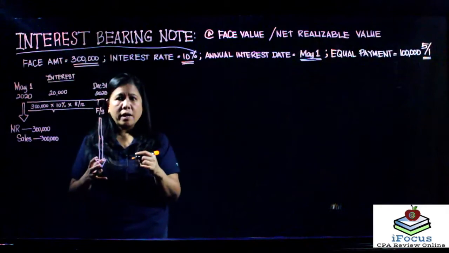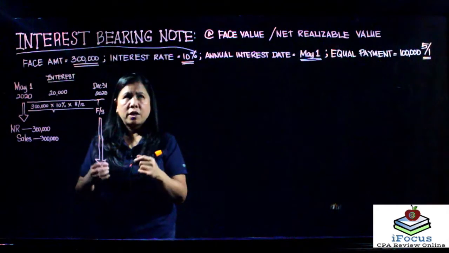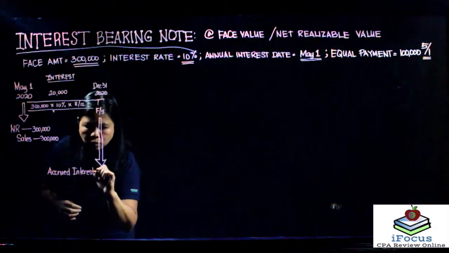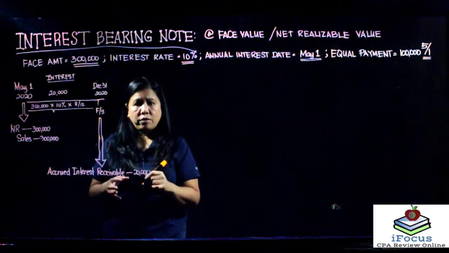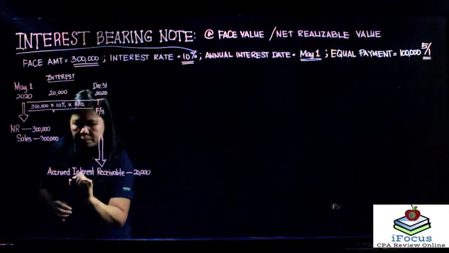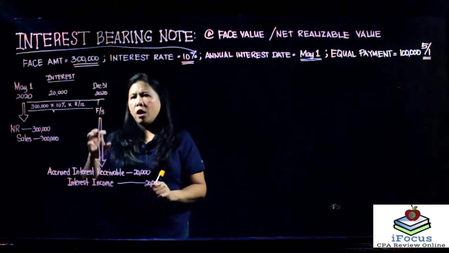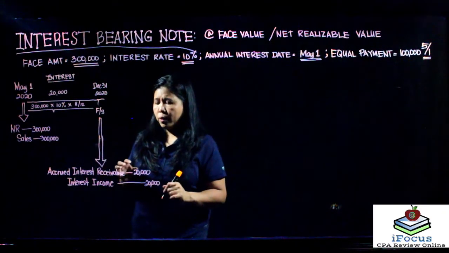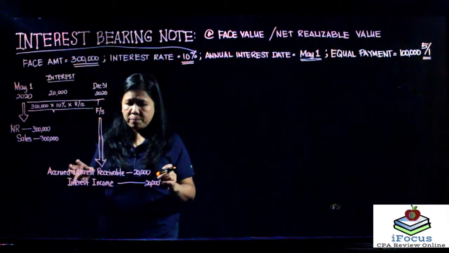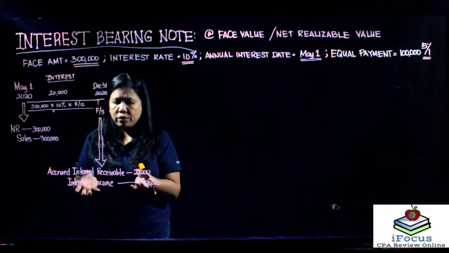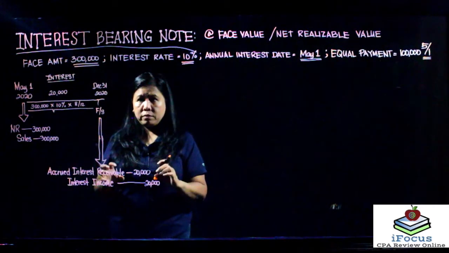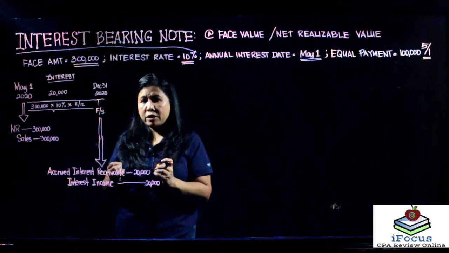So our adjusting journal entry will be debit to accrued interest receivable of 20,000 and credit to interest income of 20,000. So on December 31st, 2020, we will recognize a 20,000 interest income. So we credit interest income, but we debit accrued interest receivable because we have not received the cash for that interest.